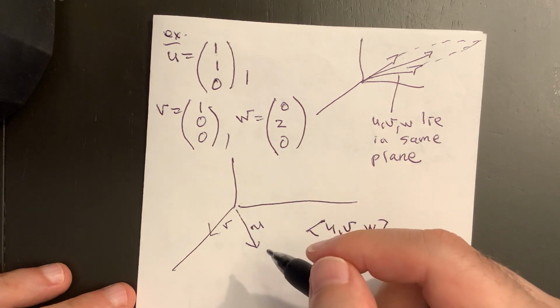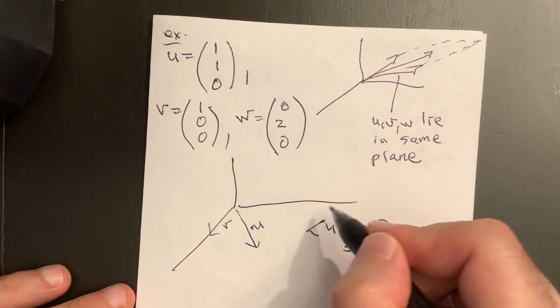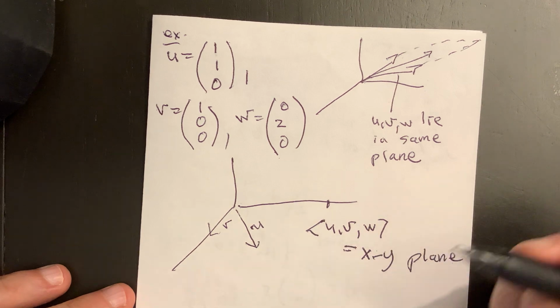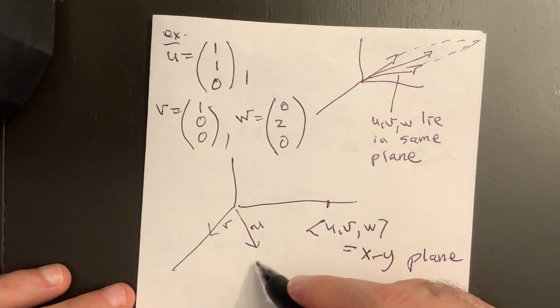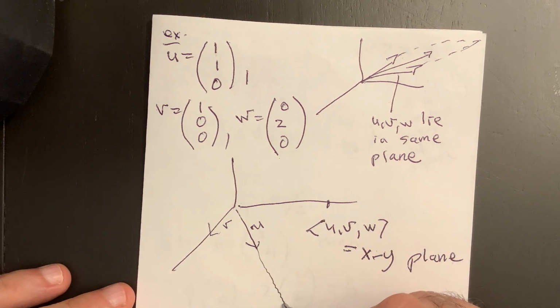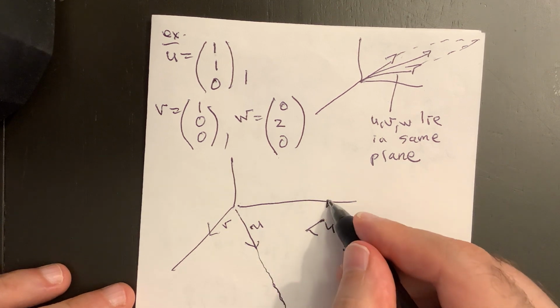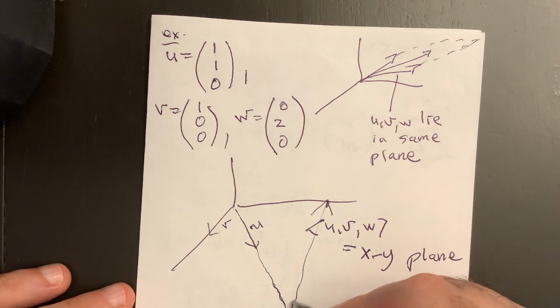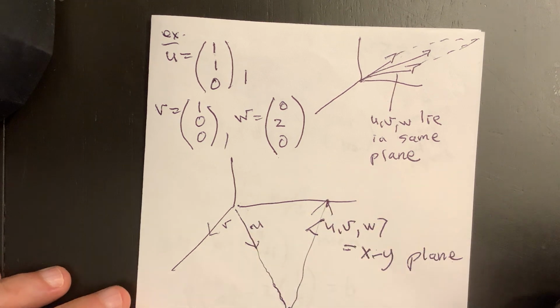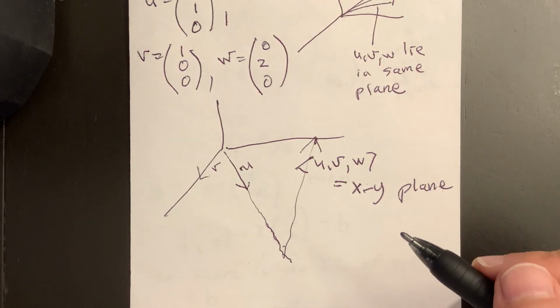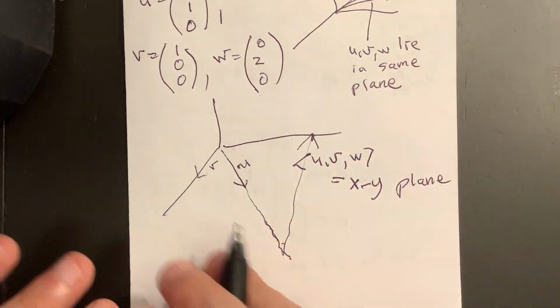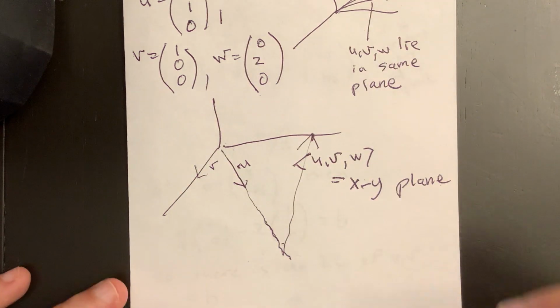And can I make w, say w's over here, with these two? Yes, you can, right? You would extend out here more and then project, and then take a negative of this one to get back to here or something like that. So they're all in the same plane. You could do other ones. They don't have to lie in a coordinate plane like this.